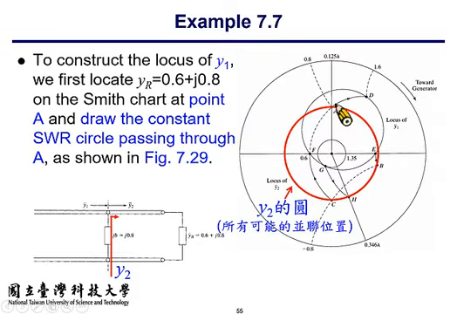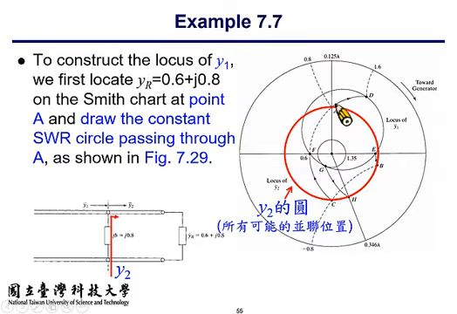And the shunt element can be connected at any point on this red circle. And we would like to know at which place, once you place this shunt element, the reflection coefficient magnitude can be minimized. All right. So what we know is this element provides a susceptance of positive j0.8, right?